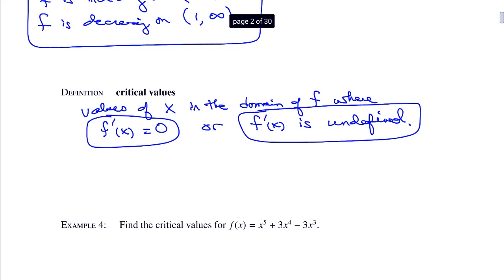And then these critical values lead us to the partition points of f prime.